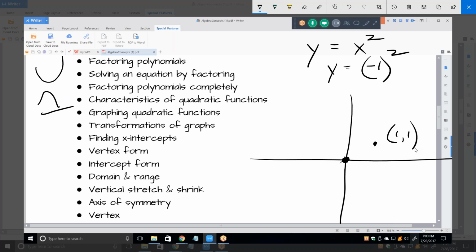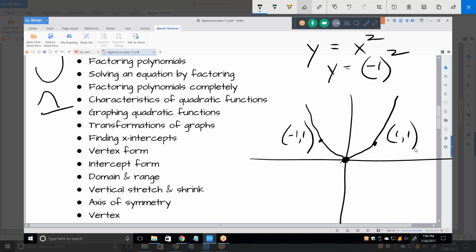So when x is minus 1, that point's also on the graph, but y is 1. And now we know what kind of parabola it is. Is it the top one or the bottom? The top one. All I've got to do is draw something that looks like a parabola that goes through those 3 points. And there's my graph.